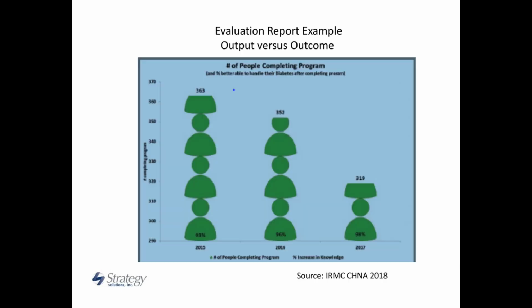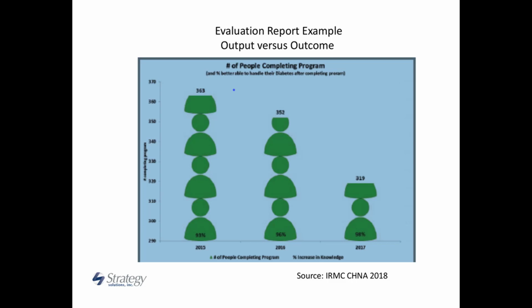Here is a chart that came out of the Indiana Regional Medical Center's needs assessment. This is the other example of the evaluation report we're going to give you. This is just an interesting way of looking at people to count the numbers.